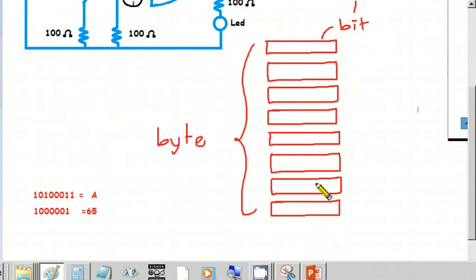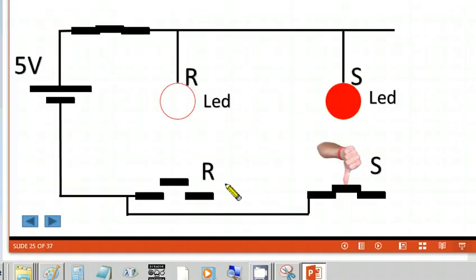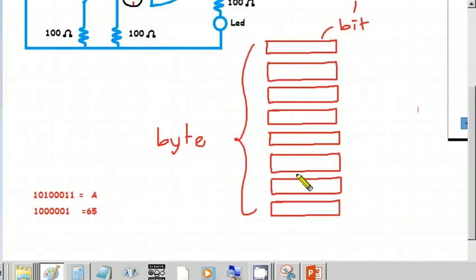All these things can be controlled by those two switches. By using these two switches you can give 1 or 0 to this output S. So we can give this one 1, we can give this one 0, we can give this one 1, we can give this one 0. So I am going to generate this code: 1 0 1 0 0 0 1 1.